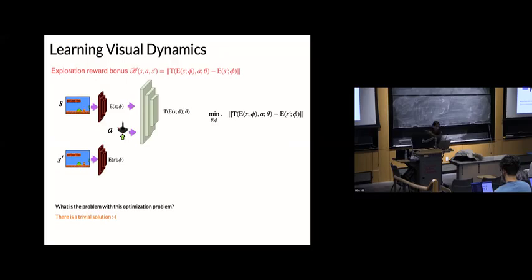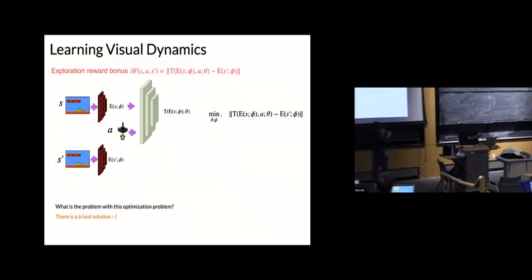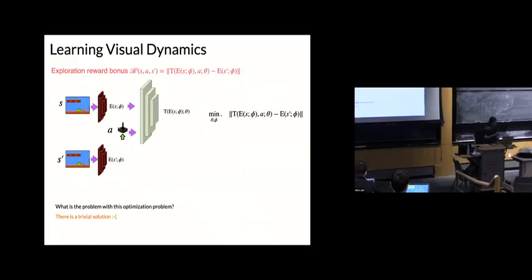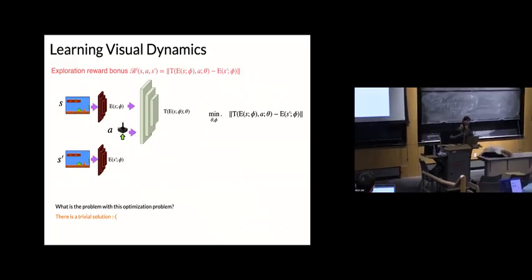So here is the problem. Your colleague here had pointed out that if you just formulate your problem in this way, there is a trivial solution. We have our current state, which is a sequence of frames. You encode this, you jump in a latent space, you have your action, which is also encoded as an embedding. You feed them into your dynamics, what you see there as gray, and you try to predict the latent vector of the next frame.